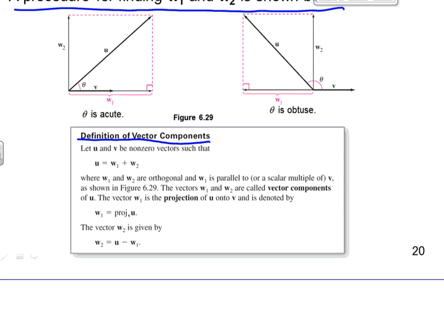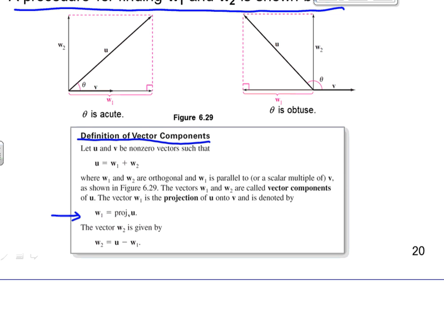The vectors W1 and W2 are called the vector components of U, and vector W1 is the projection of U onto V. W1 is written as the projection, abbreviated PROJ, subscripted V, and then a U next to it.